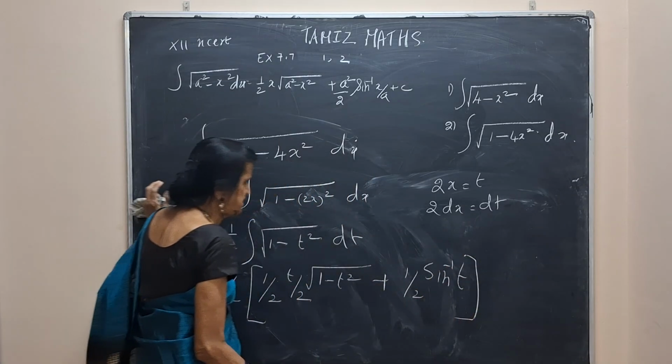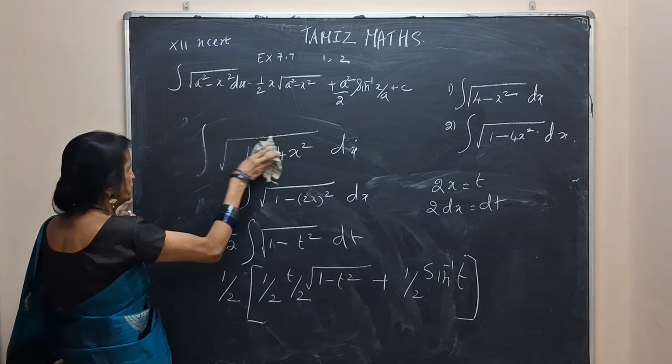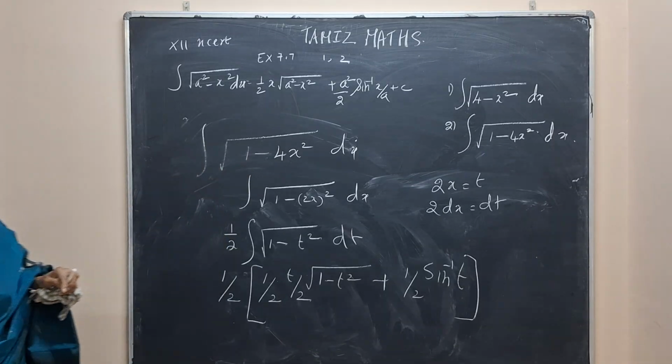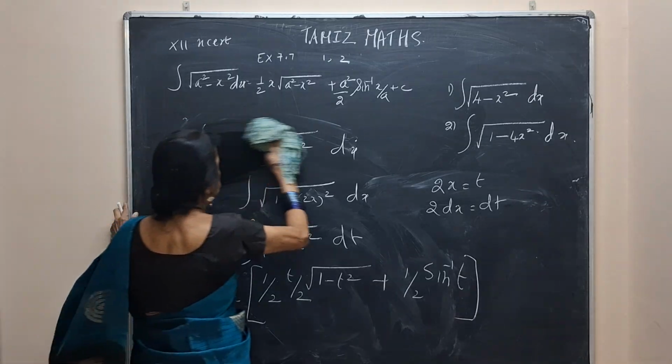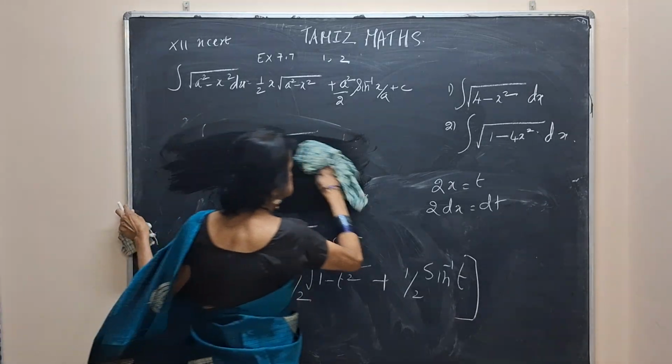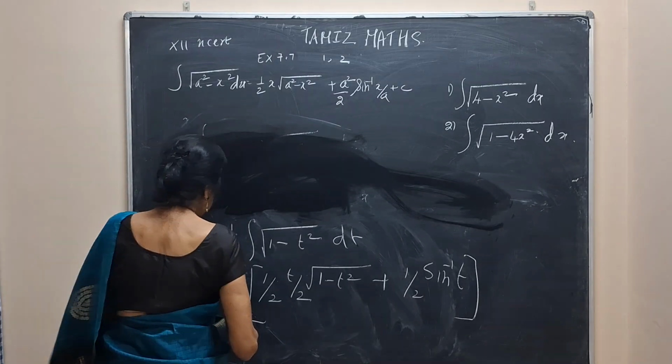But what is t? 2x. So this will now be the answer, with one last half.